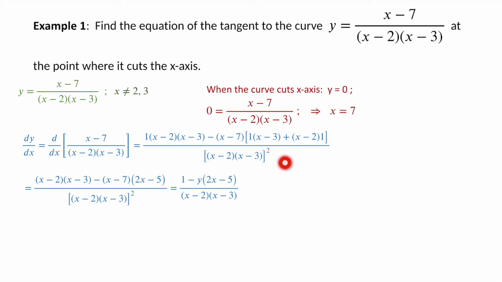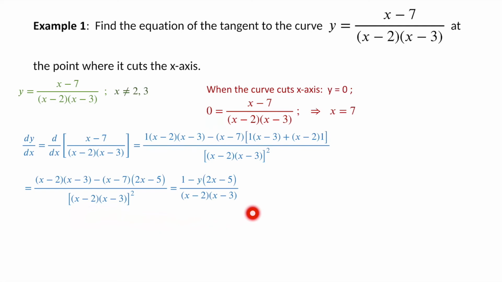So here we have the denominator squared, and on the numerator we have the derivative of the numerator, which is x minus 7, which is 1, multiplied by the denominator, minus the numerator multiplied by the derivative of the denominator. And the denominator, because it is a product of two functions, we again apply the product rule of derivatives to find the derivative of the denominator, and then we further simplify it.